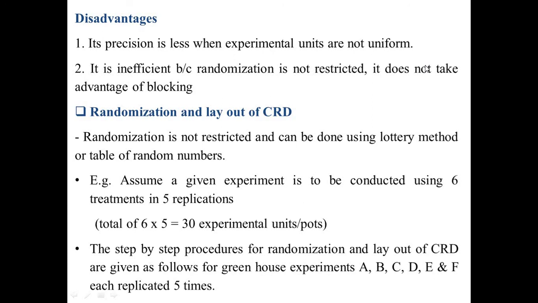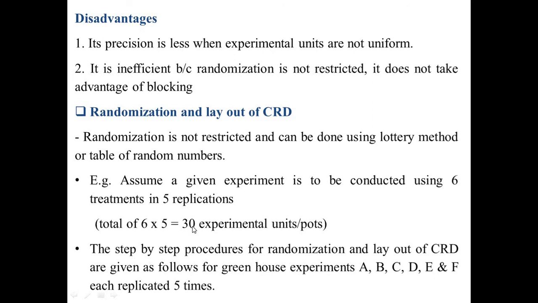For example, assume a given experiment is to be conducted using 6 treatments in 5 replications. We may have 30 total experimental units, because you multiply replications and treatments to obtain this amount.